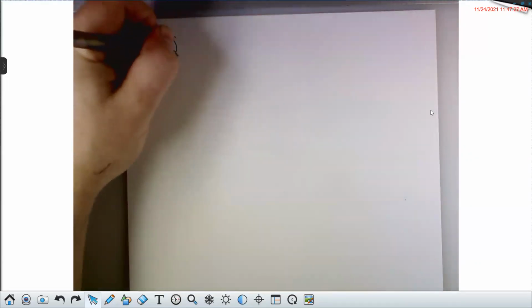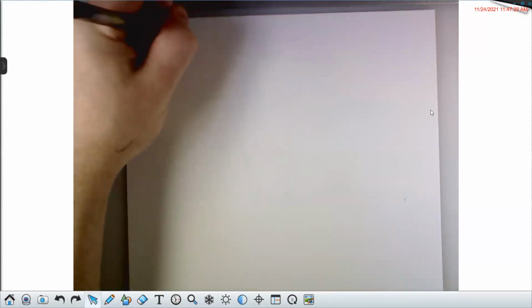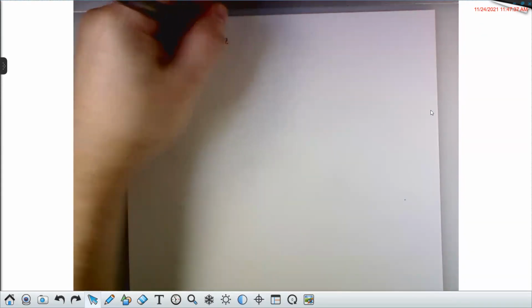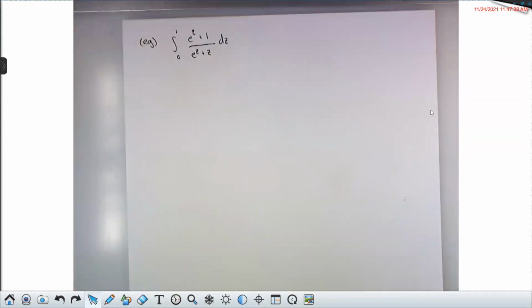Sure. How about the integral from 0 to 1 of e to the z plus 1 divided by e to the z plus z dz. Pro tip, always cross your z's. Otherwise they look like 2's.